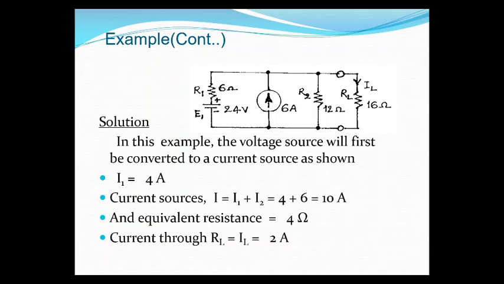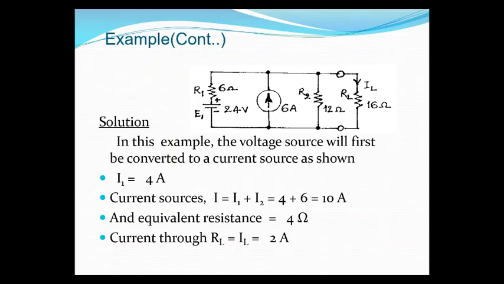So there are two current sources, that is the 4 amps current source and the 6 amps current source, and 3 resistors are in parallel, that is 6 ohms, 12 ohms and 16 ohms. Then this can be replaced by a single current source, that is 4 amps plus 6 amps, both are in parallel now.